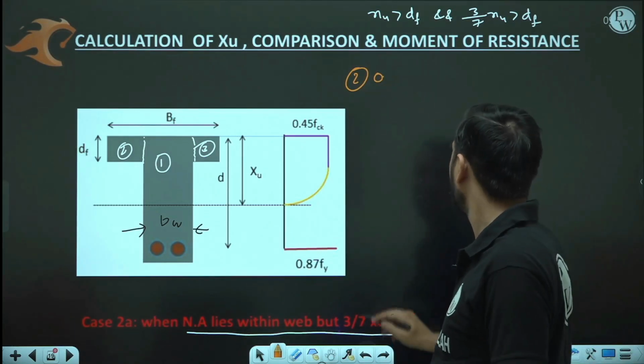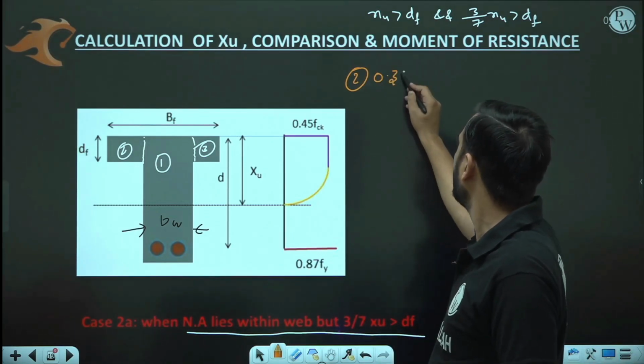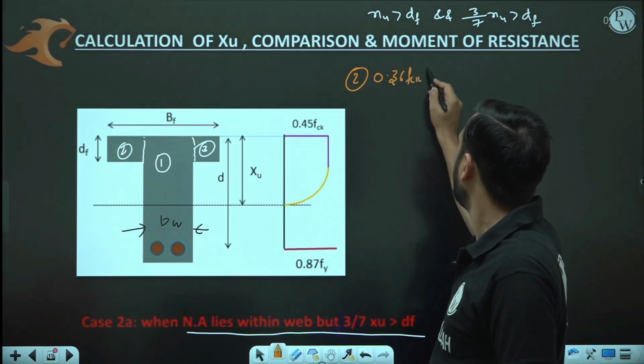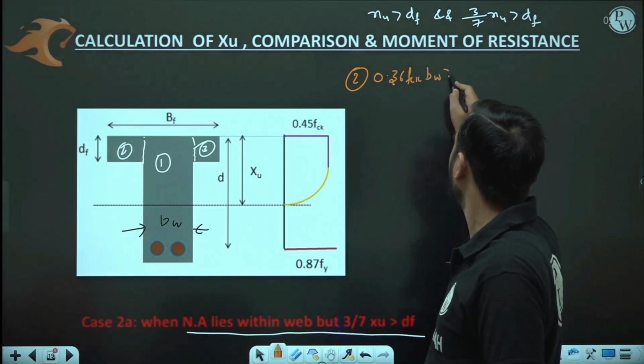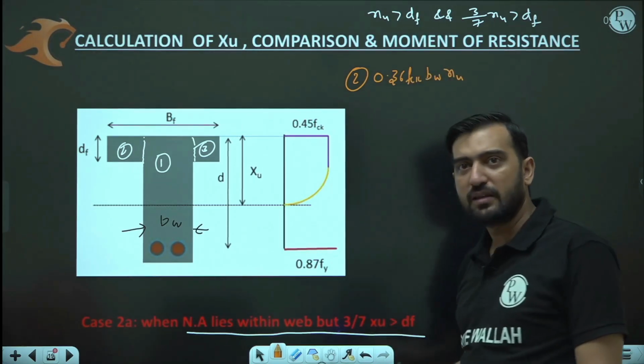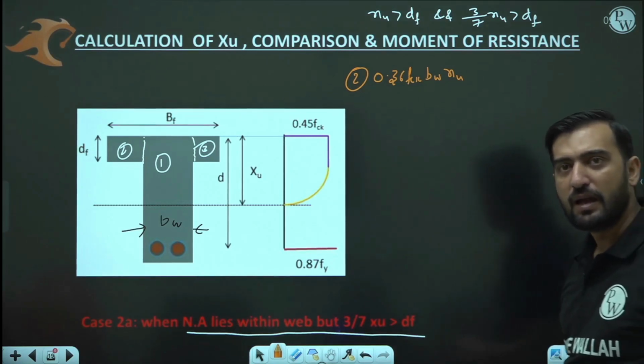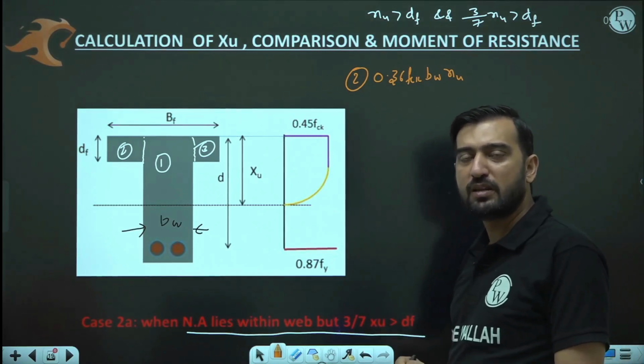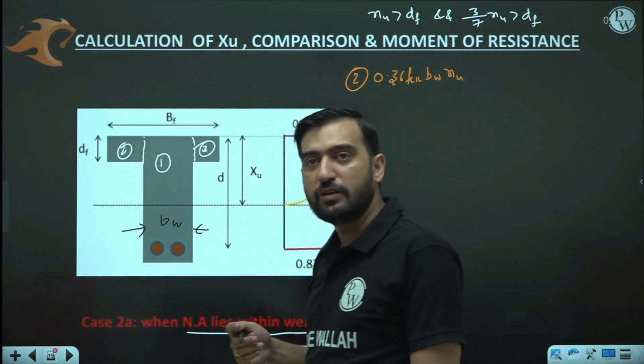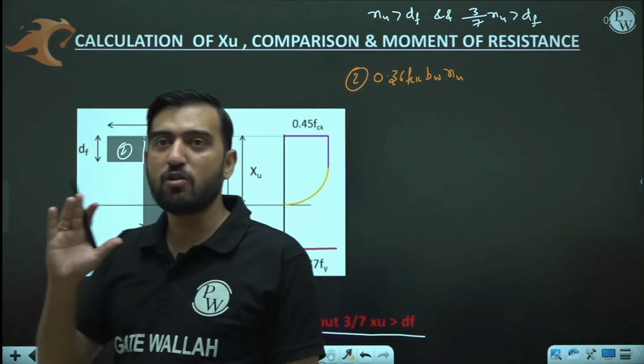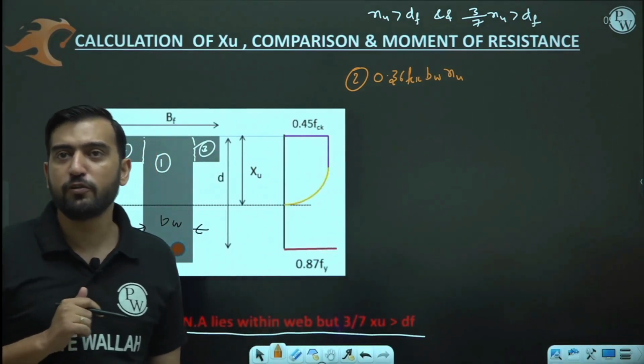Okay, so for the rectangular beam, compressive force is equal to tensile force, meaning 0.36 FCK BW into XU. Other than that, there is 2 plus 3. And what is 2 plus 3? 2 plus 3 is the remaining width of the flange, which is falling under the constant stress of 0.45 FCK.